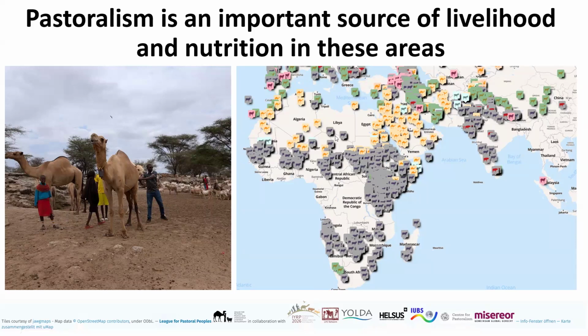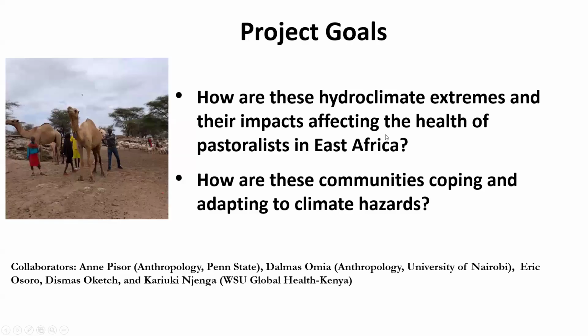That's the estimate. And we're just starting out a project right now to better understand the different health risks that pastoralists in East Africa are experiencing from these hydroclimate extremes, in particular following the events that we saw. There are certain diseases that my colleagues have already been studying, but there are also additional health impacts these communities might be experiencing.